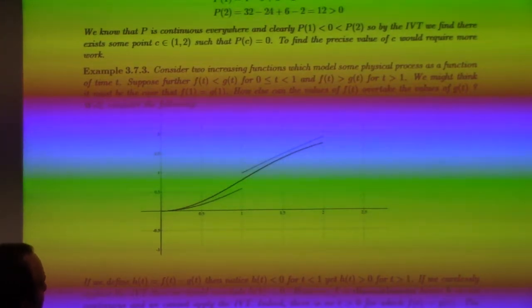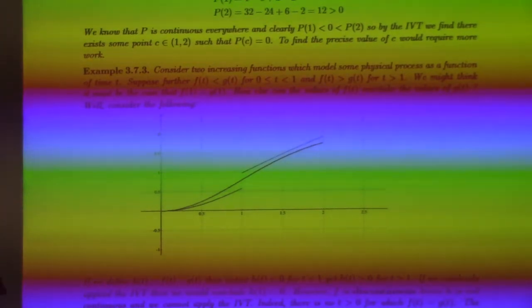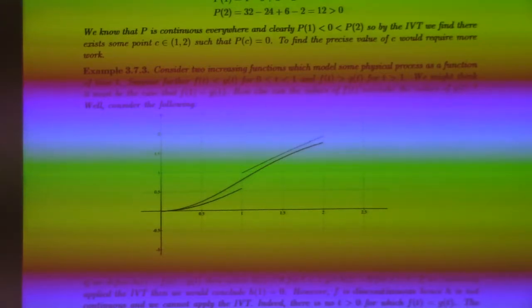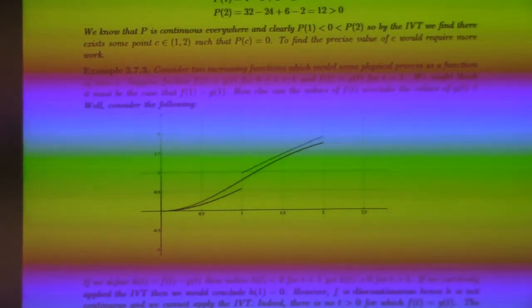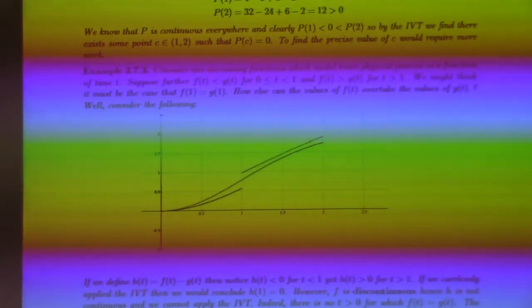As you can see, f of t is below g of t up to 1, and then f of t is larger than g of t beyond 1, right? So you can ask the question, is there any place where f of t is equal to g of t? And the answer here is no.